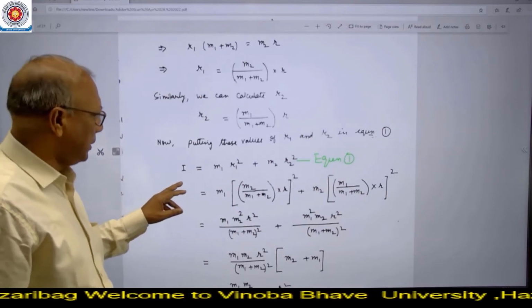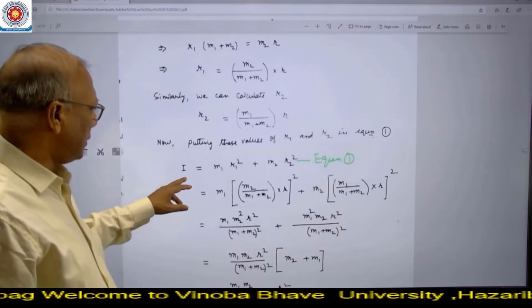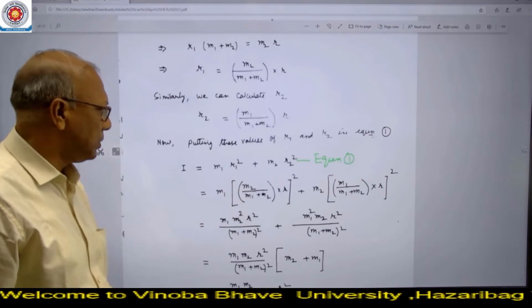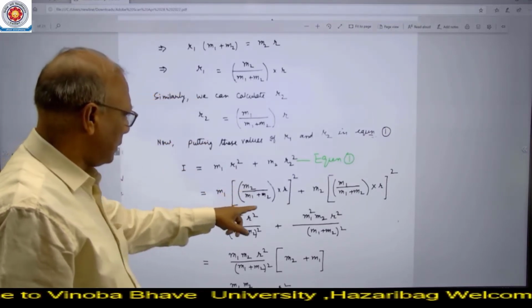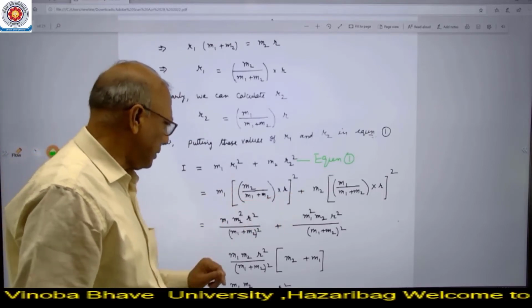So here this is equation 1. I is equal to m1 r1 square plus m2 r2 square, and in this equation if we put the values of r1 and r2, then the expression becomes like this.